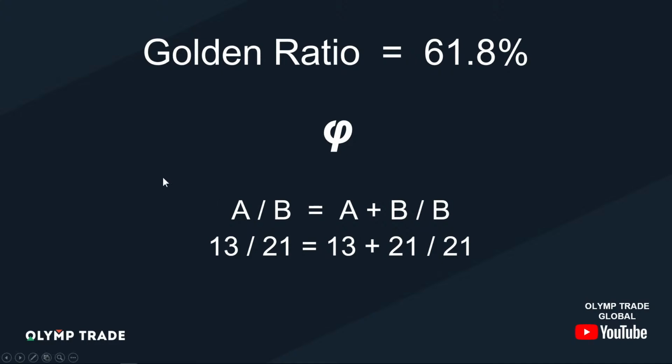So basically, it means that A divided by B is going to equal the same number as A plus B divided by B. So both of these equations will equal the same number, which forms the 61.8% golden ratio, which is 13 divided by 21. You can check out your calculator and just divide 13 by 21. And then try this out: 13 plus 21 divided by 21 is going to equal the same number.